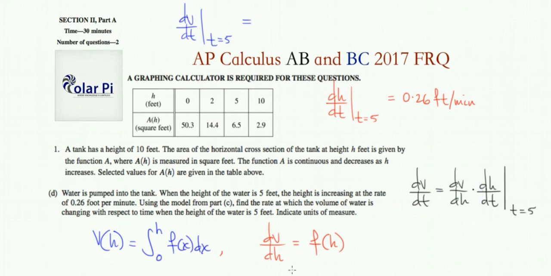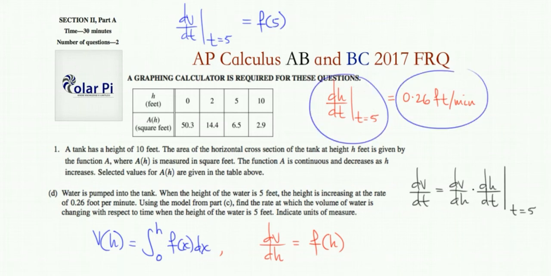But dV/dH is f of H, so dV/dH evaluated at 5 will just mean f of 5, right? And dH/dt evaluated at 5, we're already told, is 0.26 feet per min.